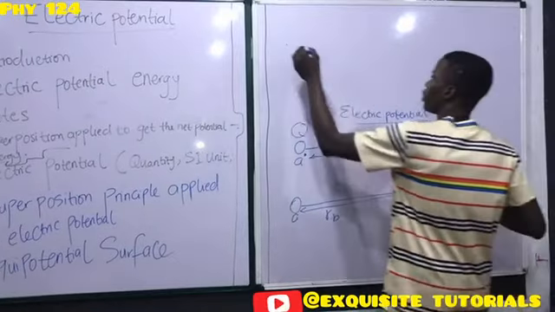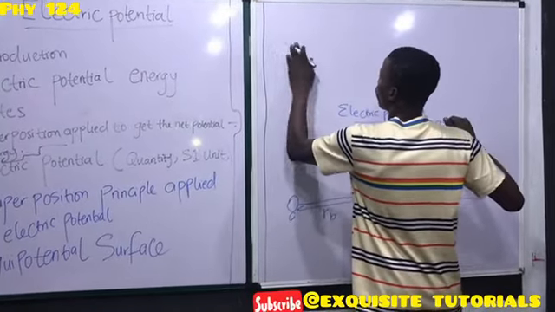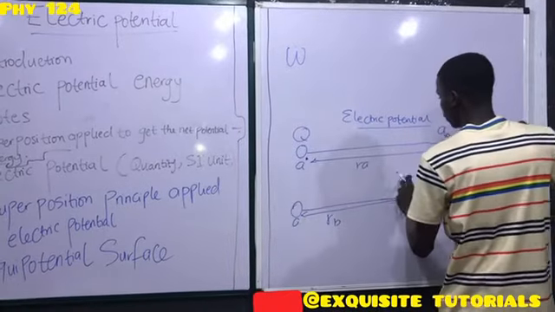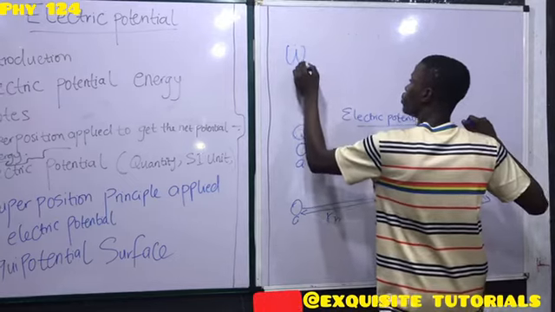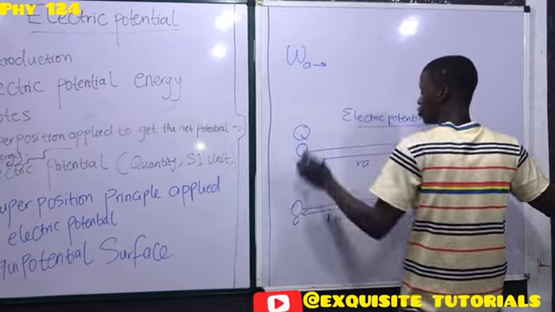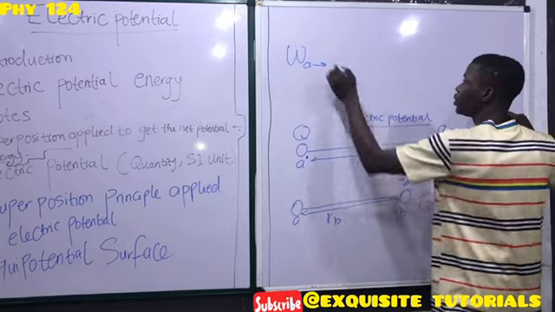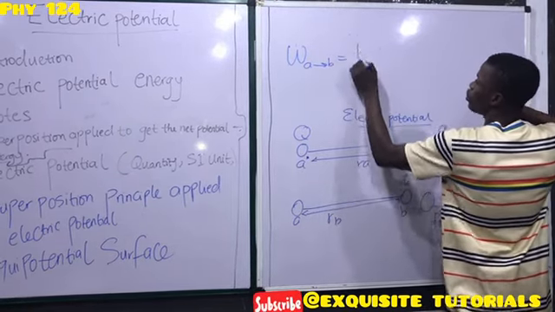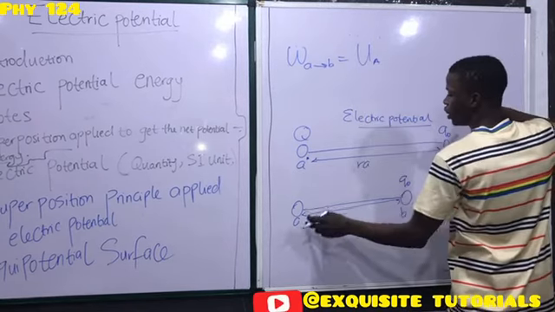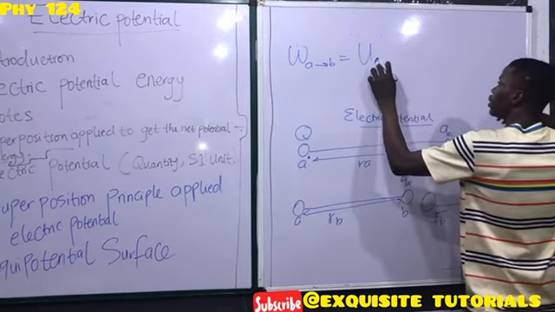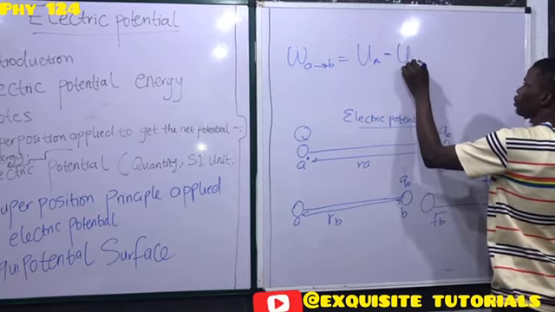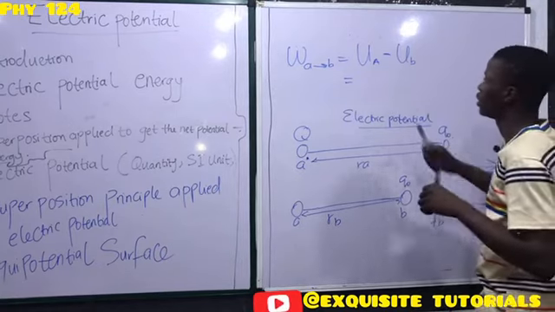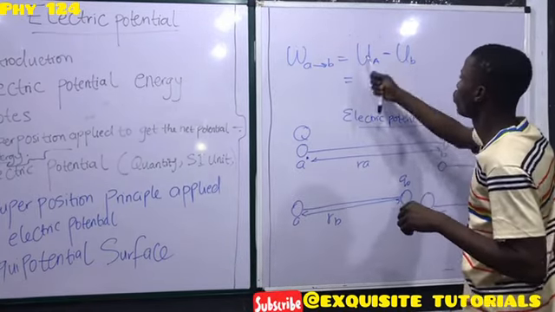And the normal formula for the work done for the point charge when it is moved from A to B is equal to U of A, that is the potential energy of A, minus the potential energy of B. And this can be written in another sense, in that I can take this guy forward and bring this guy backward.